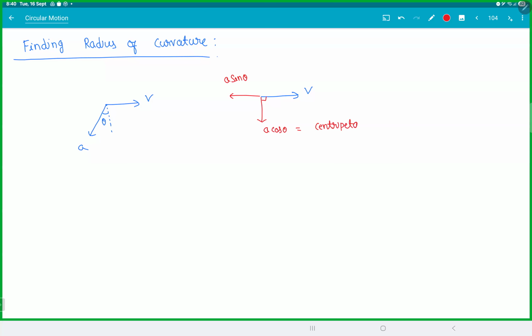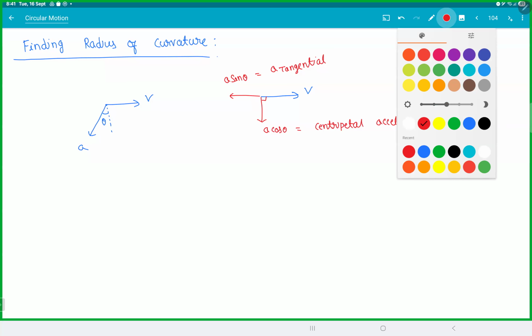The acceleration perpendicular to velocity is your centripetal acceleration, and a cos theta is responsible for changing your direction. The other component is responsible for changing your speed, and that's your tangential acceleration. Isn't that how we define tangential? The component of acceleration responsible for changing speed is tangential acceleration, and the acceleration responsible for changing direction is centripetal acceleration.